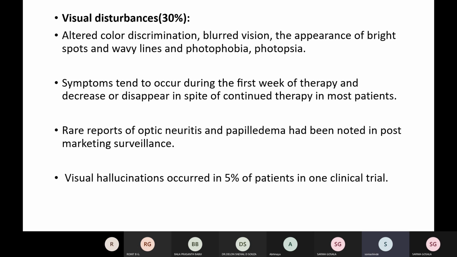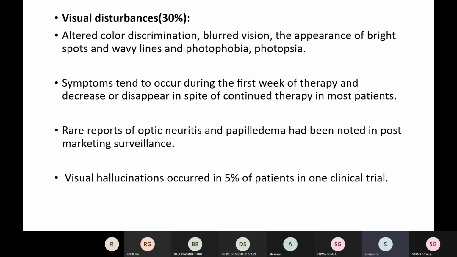Coming to an interesting side effect, visual disturbances. Literature gives a wide range. They have been reported from 18% to up to as high as 30% of patients. So altered color discrimination, blurred vision, the appearance of bright spots, wavy lines, photophobia, as well as photopsia, that is flashes of light that patients experienced. Symptoms tend to occur during the first week of therapy and they decrease or disappear sometimes in spite of continued therapy in most patients.